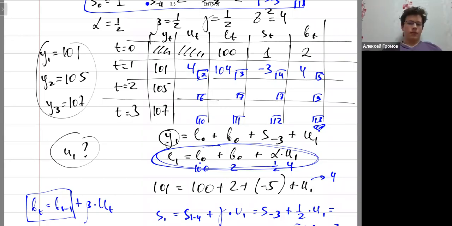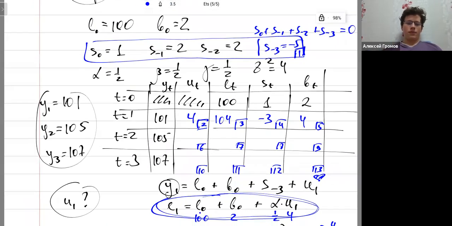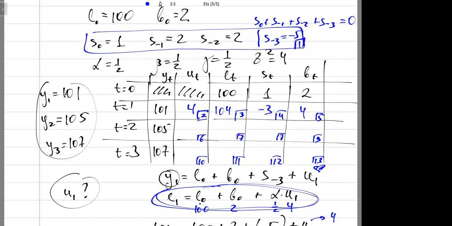Yes, but I have a question regarding seasonal effects. The equation that we wrote, S0 plus S minus 1 plus S minus 2 plus S minus 3 equals 0, does it regard only these 4? So this equation is exactly satisfied in the beginning, and it's roughly satisfied later.